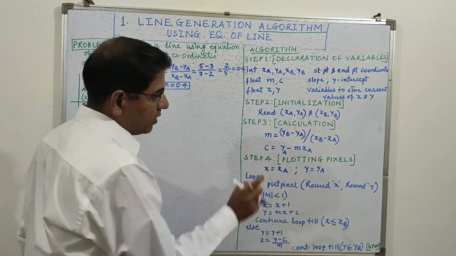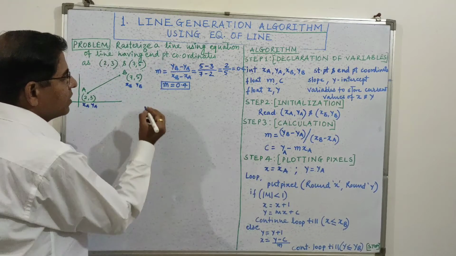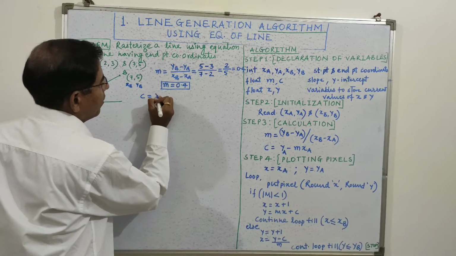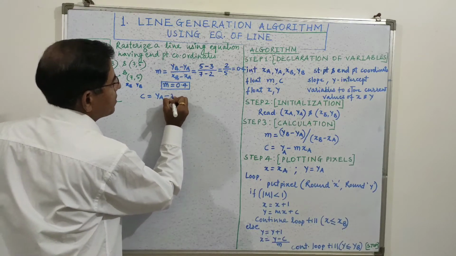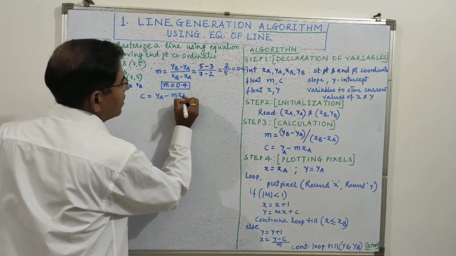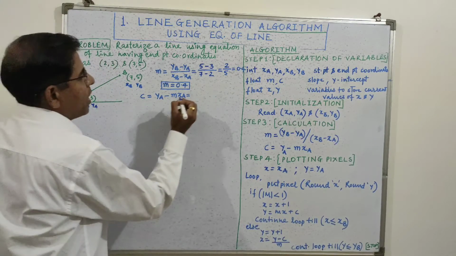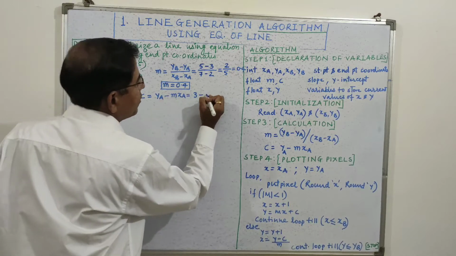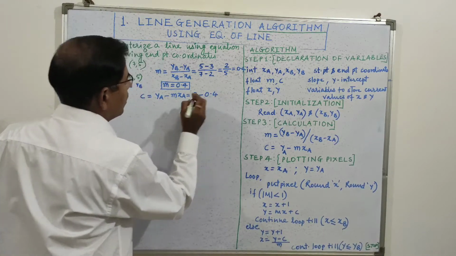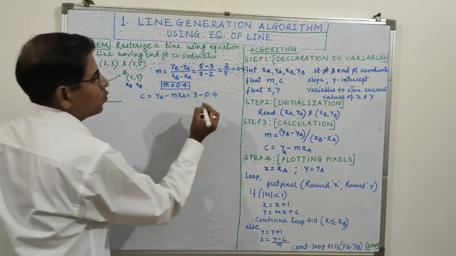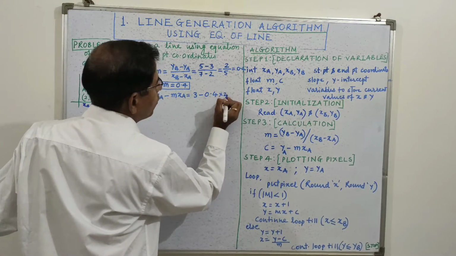Now we calculate the C value, that is the y-intercept. C is given by YA minus M into XA. What is YA here? YA is 3 minus slope, which is 0.4, into XA. XA is 2, so into 2.